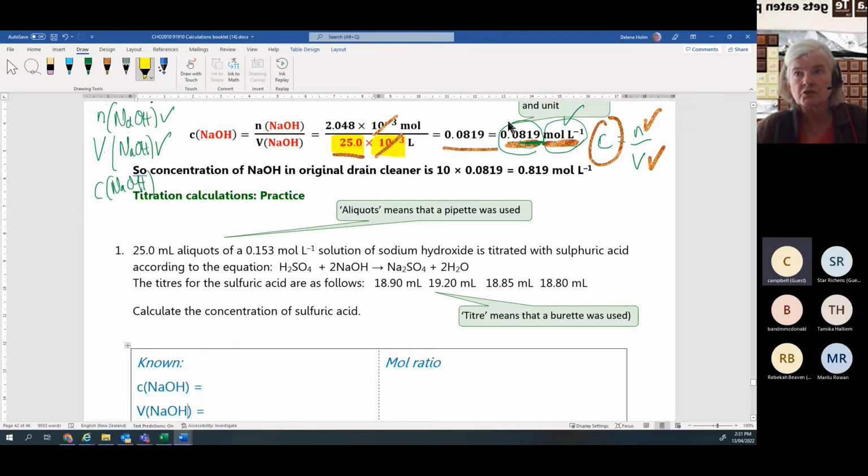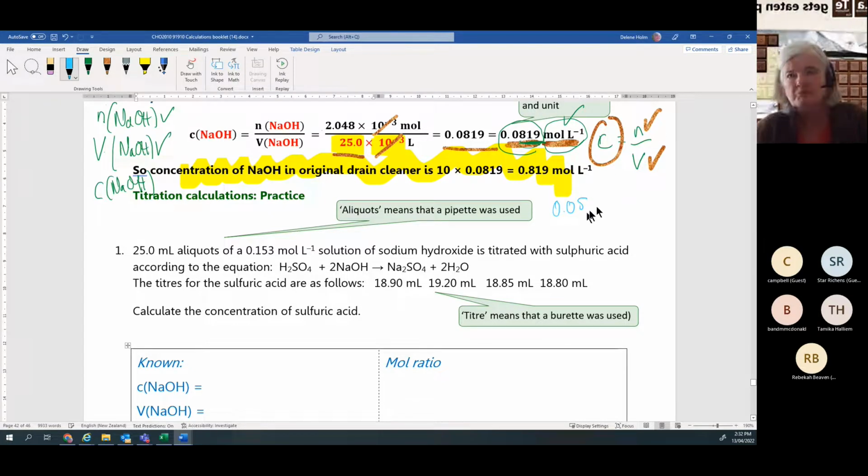So remember, the final question is, don't worry about this because we haven't done the dilution. We just get to this point. So your final question is, is this answer sensible? So you go, okay, I started off with 0.05 moles per liter of sulfuric acid.